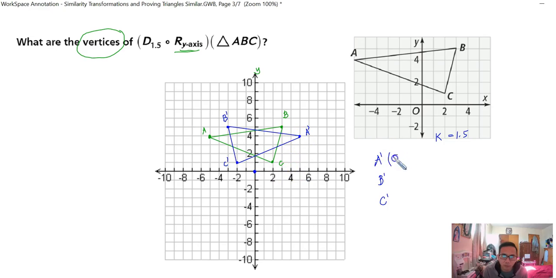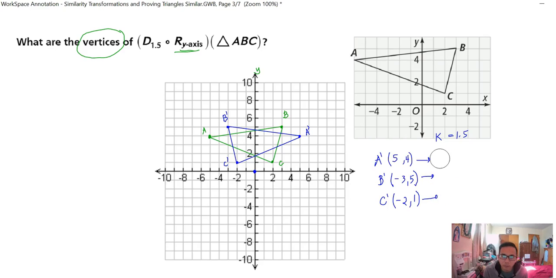So my A is negative 5, 4. My B is negative 3, 5. And then my C is negative 2, positive 1.